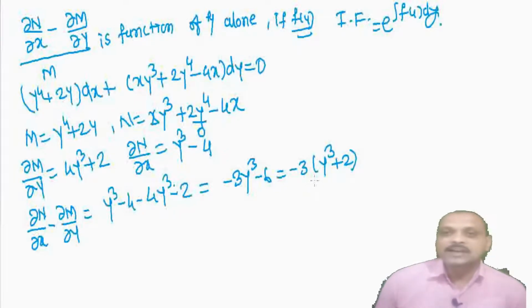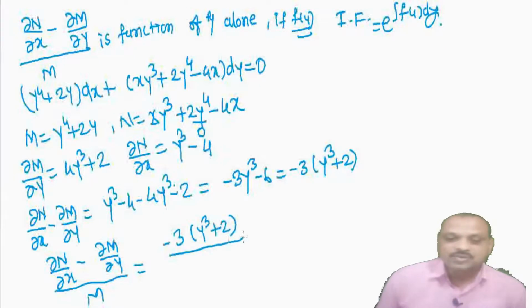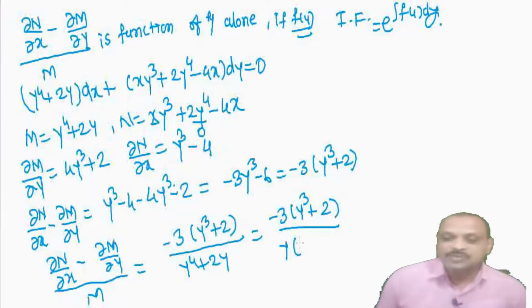Now del n by del x minus del m by del y, divided by m, equal to minus 3 (y cube plus 2) divided by m. What is m? M is y raised to 4 plus 2y, so minus 3 into (y cube plus 2) divided by y (y cube plus 2). Let us take y common; y cube plus 2 gets cancelled, leaving minus 3 divided by y.